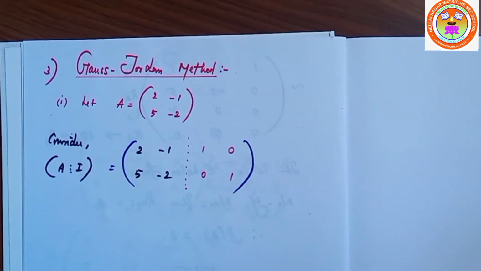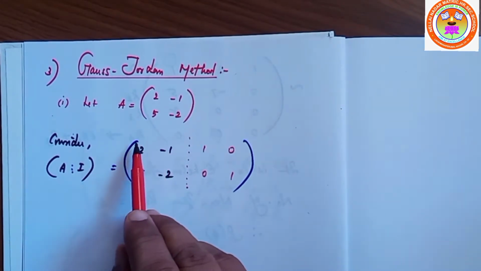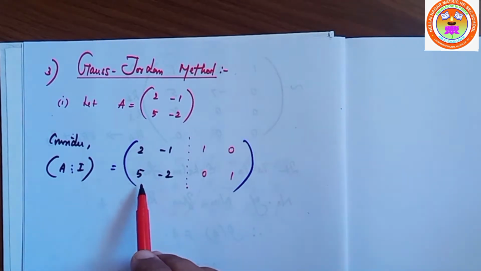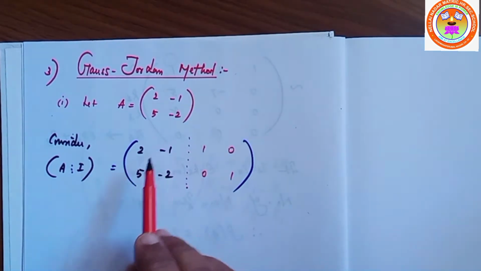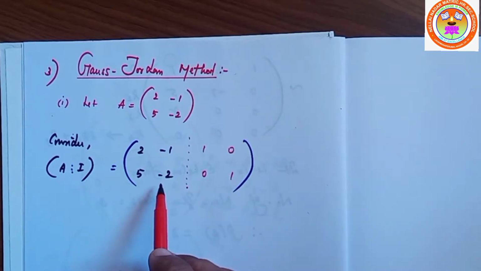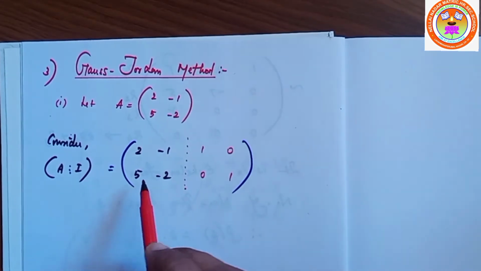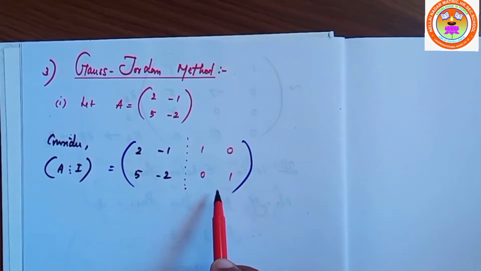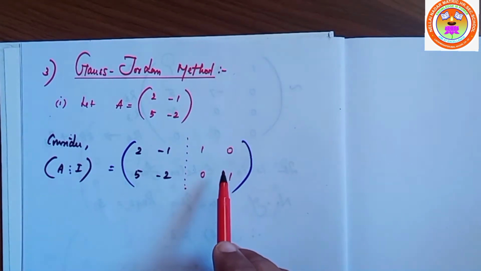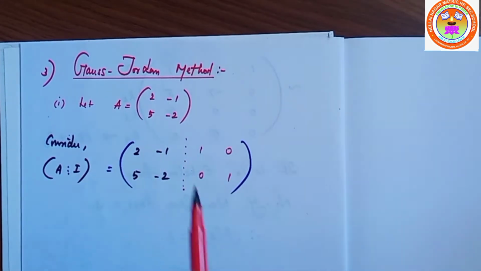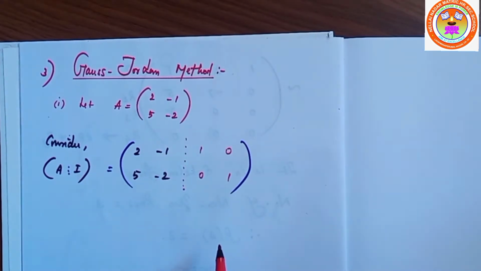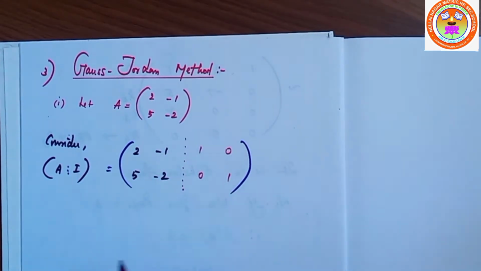Again I tell you, the given matrix I am going to convert into the identity matrix 1 0 0 1. If it is, automatically this identity matrix will be converted into the inverse of the given matrix only by row transformation.